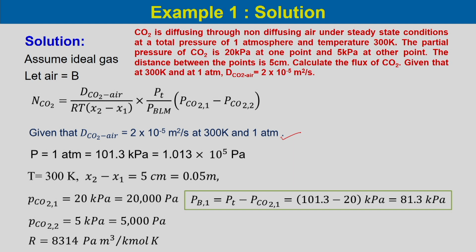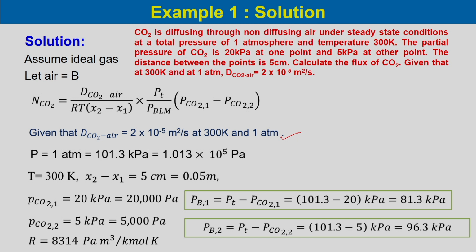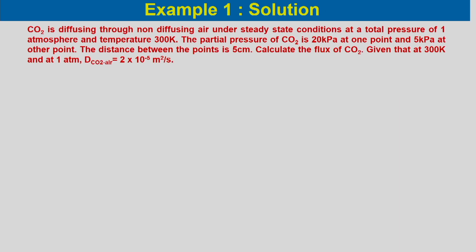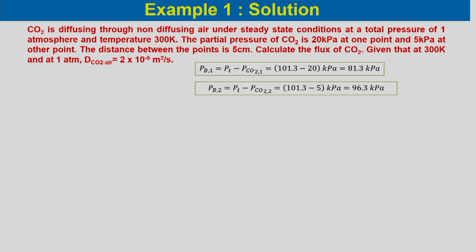So, PB1 would be equal to PT minus P carbon dioxide at point 1, which would be equal to 101.3 minus 20 kilopascal, which is around 81.3 kilopascal, and PB2 we can calculate as PT minus P CO2 at point 2, which is equal to 101.3 minus 5 kilopascal, which is 96.3 kilopascal. So, this PB1 and PB2 are calculated.